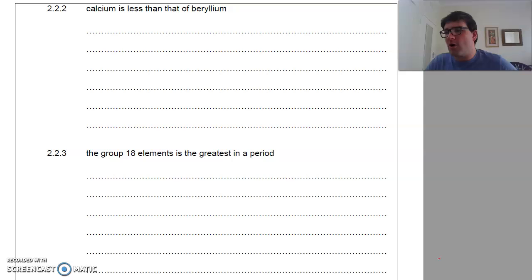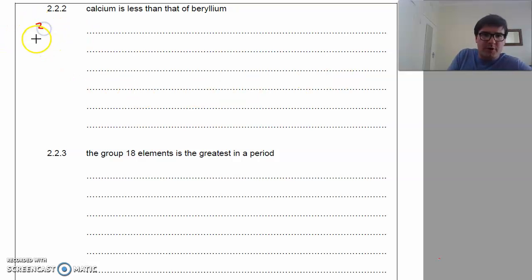Now, our next question asks us to explain why the first ionization energy of calcium is less than that of beryllium. To answer this question, guys, once again, we have to go through the same process, asking ourselves: what is the same, what is different? If we go to group 2 of the periodic table, we find beryllium in period 2, and then we find calcium in period 4.